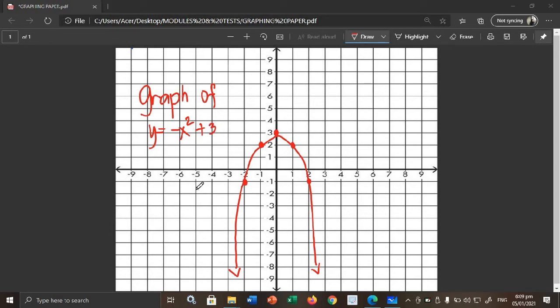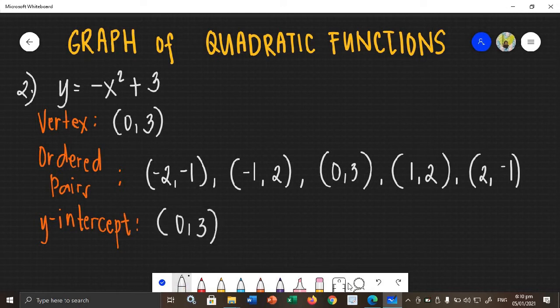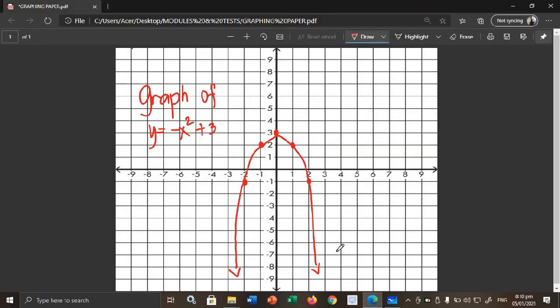Now, observing the graph, we can see that our vertex, which is at 0, 3, crosses the y-axis. Therefore, we can consider that our vertex is also our y-intercept. Okay, so 0, 3, because it crosses the y-axis.